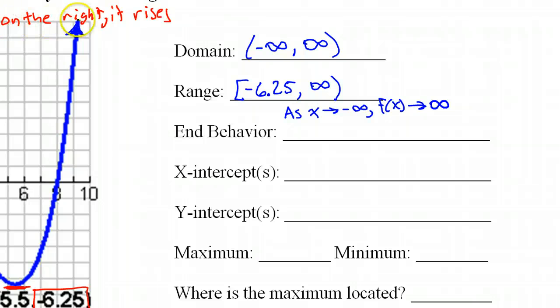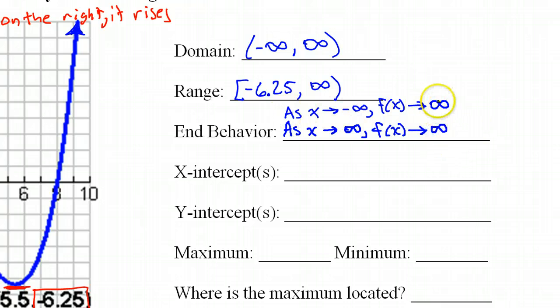Now, I want to say on the right, it falls. Well, if this is the left, this is how you say on the right. You say as x approaches positive infinity, and again you say what happens to the function. If it rises, we say positive infinity. If it falls, we say negative infinity. We already saw that on the right it rises, so we will again put positive infinity.